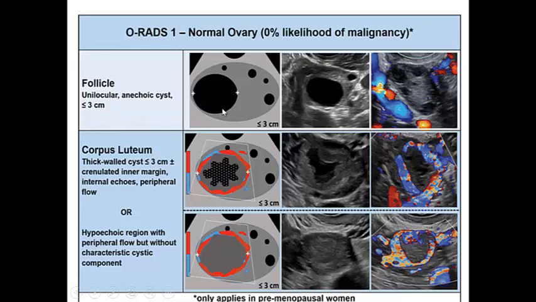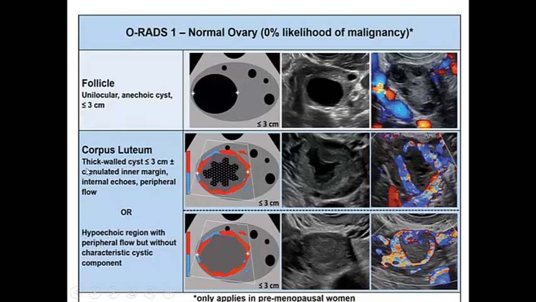So this is a follicle, and this is the normal appearance on ultrasound, and this is the normal ovary with a normal dominant follicle. Usually the dominant follicle is smooth in outline, anechoic, and not irregular in appearance.